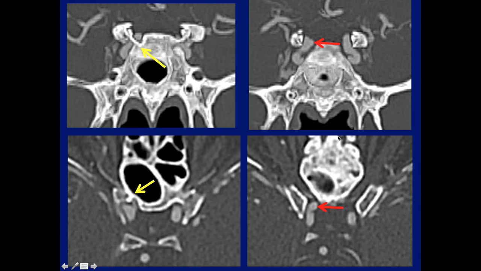And here's a case of one of our CTAs that I found. Here we have a small aneurysm, and we can see how the CT anatomy helps here, because here's the optic strut on the coronal plane, clinoid, the two optic struts, and we can see that this aneurysm is above the strut, so it's within the subarachnoid space.